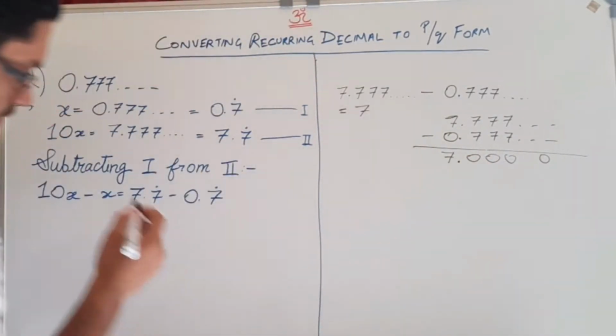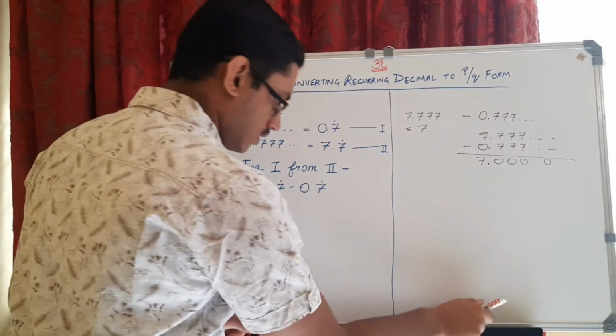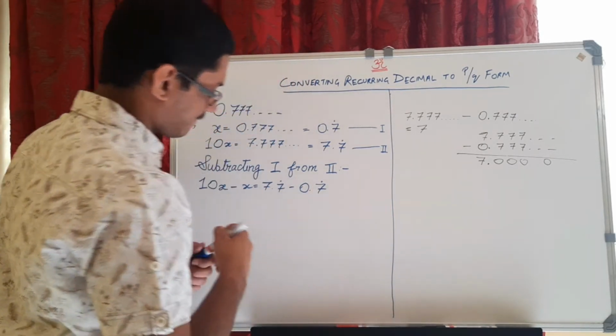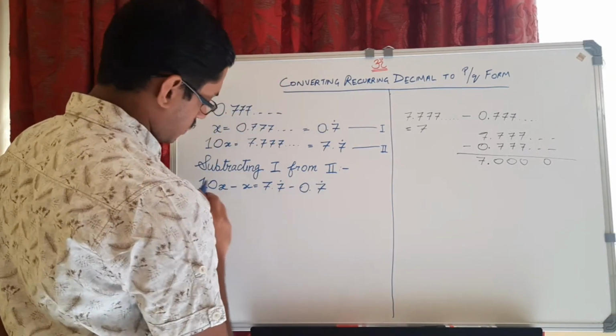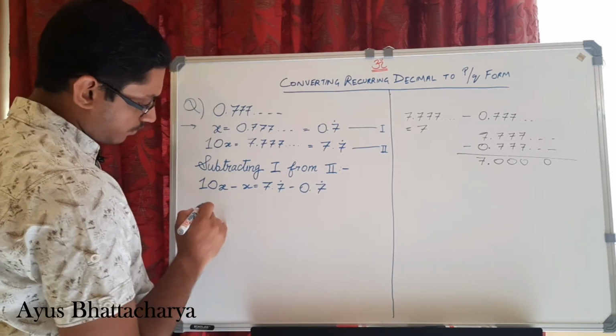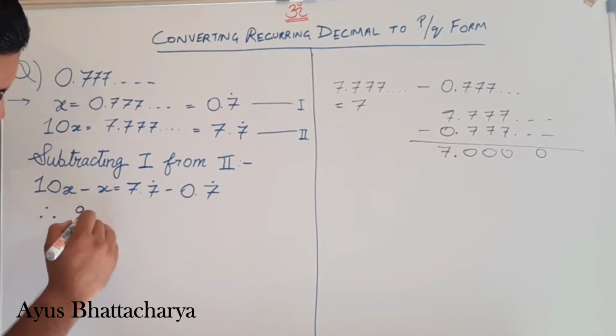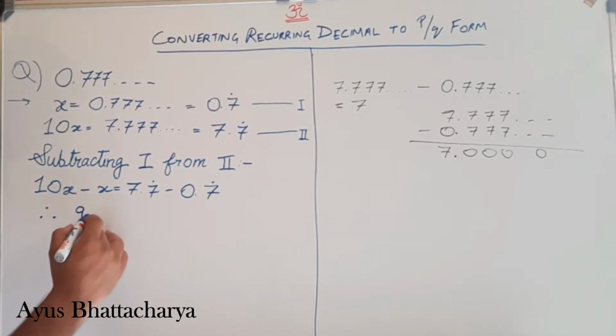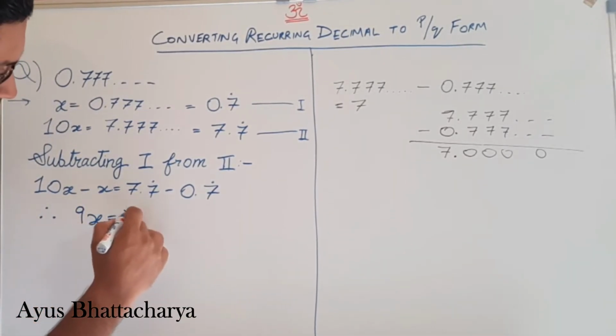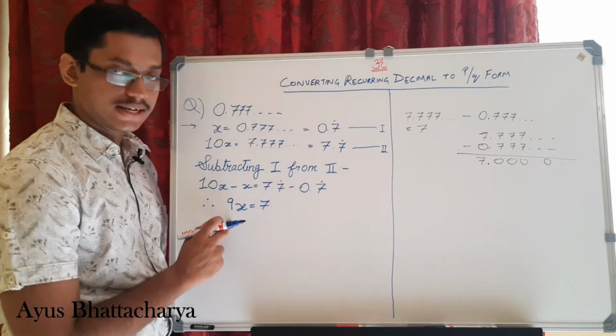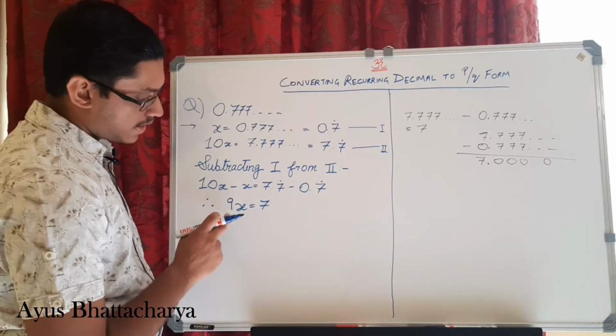This will be the answer, which we will substitute here. So we have to put a therefore sign. This is a therefore sign, alright, remember this. 9x is equal to 7. Okay, 10x minus x is 9x.